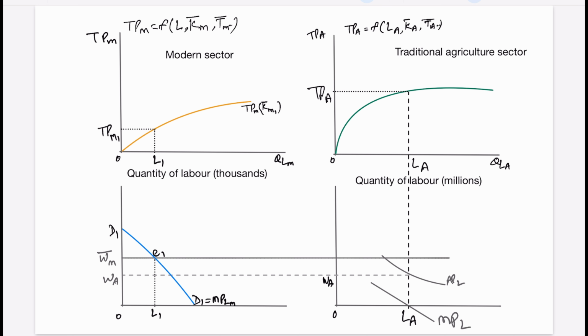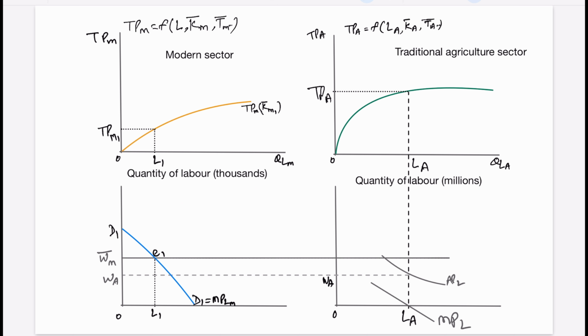If you have to attract workers towards city life, manufacturing life, you have to give them a little higher wage, because this is to adjust for the cost of their movement. You are giving them a little higher so that they have something better than what they are already getting, so that they want to shift to the modern sector.